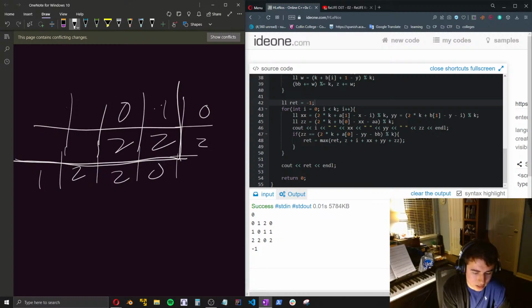Setting this equal to 0. 2 plus 2 is 4. 1 is 5. 2 plus 2 is 4. This 1 is 5. 1, 3 is 2. Okay, that looks good, I guess. 2, okay, and then last but not least, 0. Wait, why is it saying this one doesn't work?